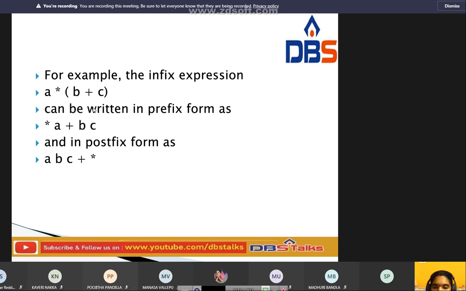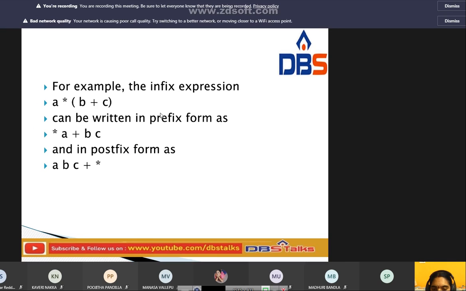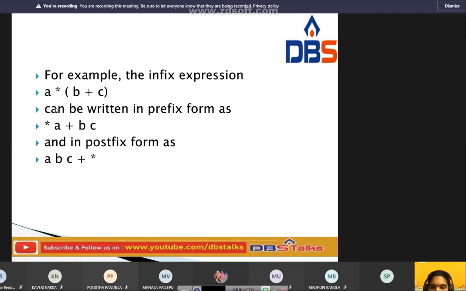Parenthesis means brackets, this bracket and this bracket. The infix form is like this: A star, in parentheses, B plus C. But expressions in prefix and postfix forms may be written without resorting to parentheses. In this infix expression A star B plus C, the B plus C is in parentheses, so it is the sub expression of the whole expression.